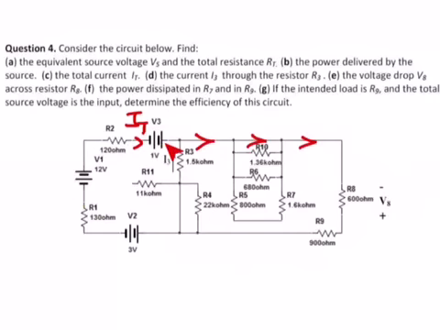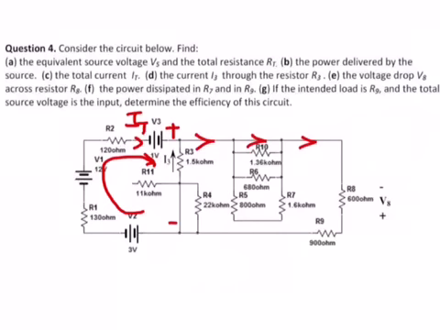These three sources, if you apply KVL, if you go around this loop here, so I'm going to create this loop here. If you go around this loop, you'll see that the voltage between this terminal and this terminal is equal to 1 volt plus 12 volts. I mean the total source voltage.